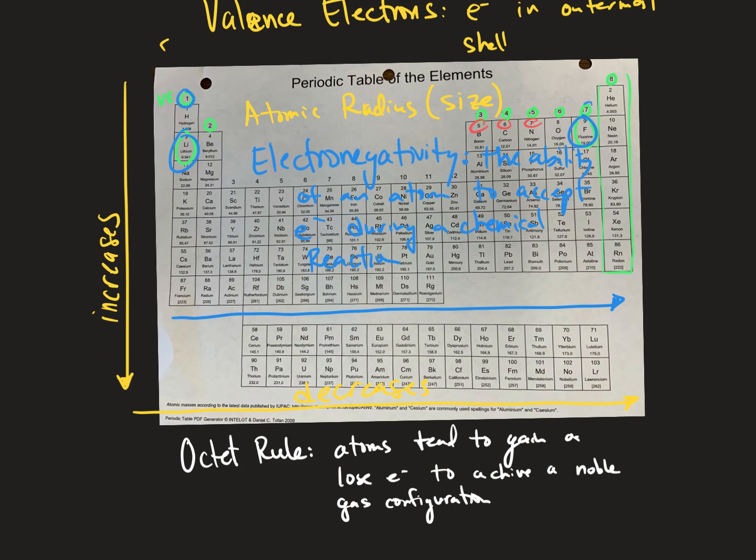This guy has 7 valence electrons. And how many do they want? 8. So who's going to say, come on, just give it to me? Fluorine is just 1 away. What's lithium going to do? You can have it, right? Take it away. Because it's a lot easier to get rid of 1 than to gain 7 more. You with me? Okay. And so the electronegativity does what as it goes from left to right? Increases, right? Does that make sense in your mind?